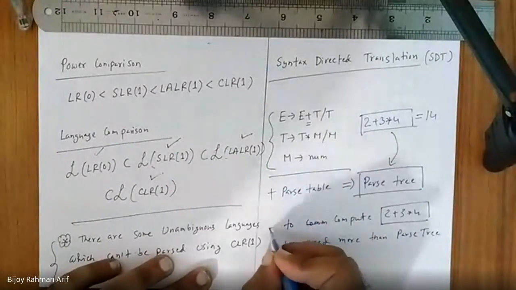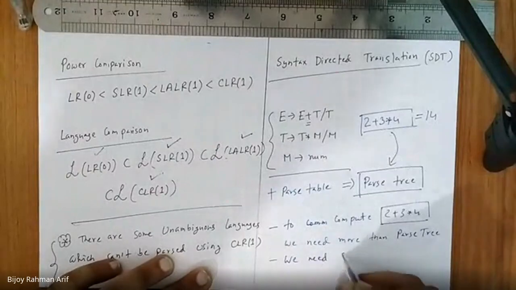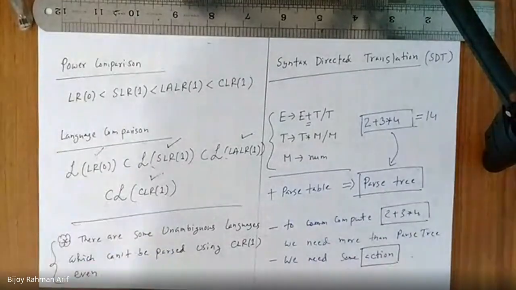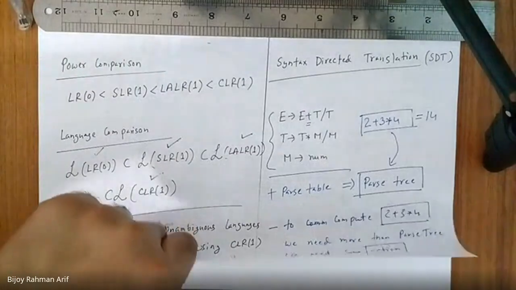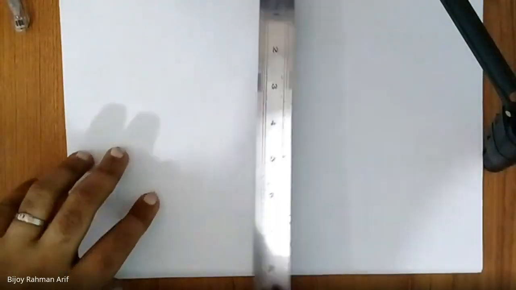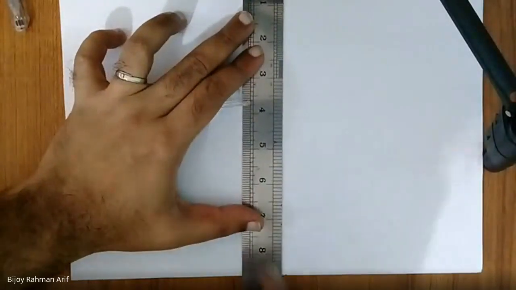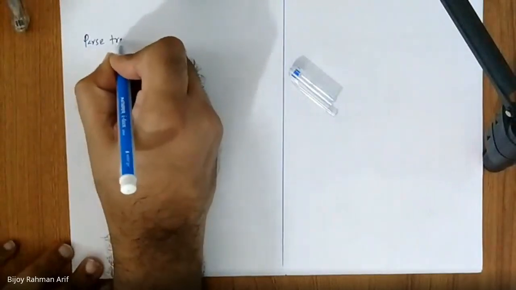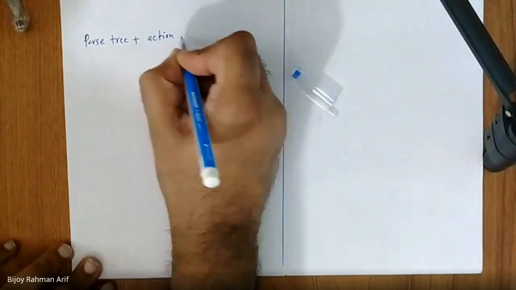We need some action, also called a semantic rule. So we need parse tree plus action or semantic rule.